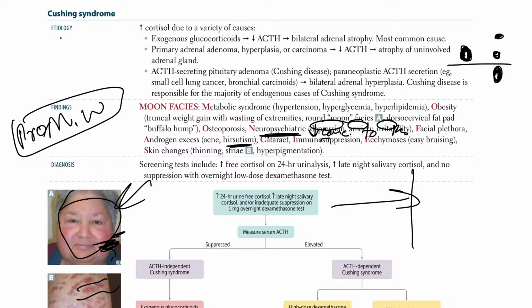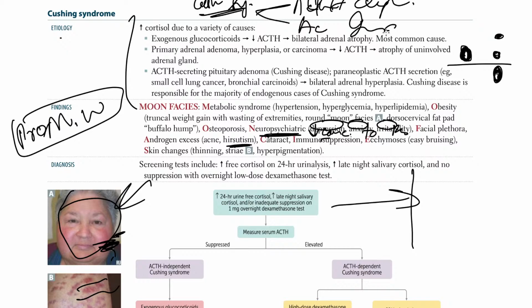Okay, let's talk about the last thing here. Cushing syndrome, ACTH dependent. Okay, so let's just say Cushing syndrome, ACTH dependent, and ACTH independent Cushing syndrome.